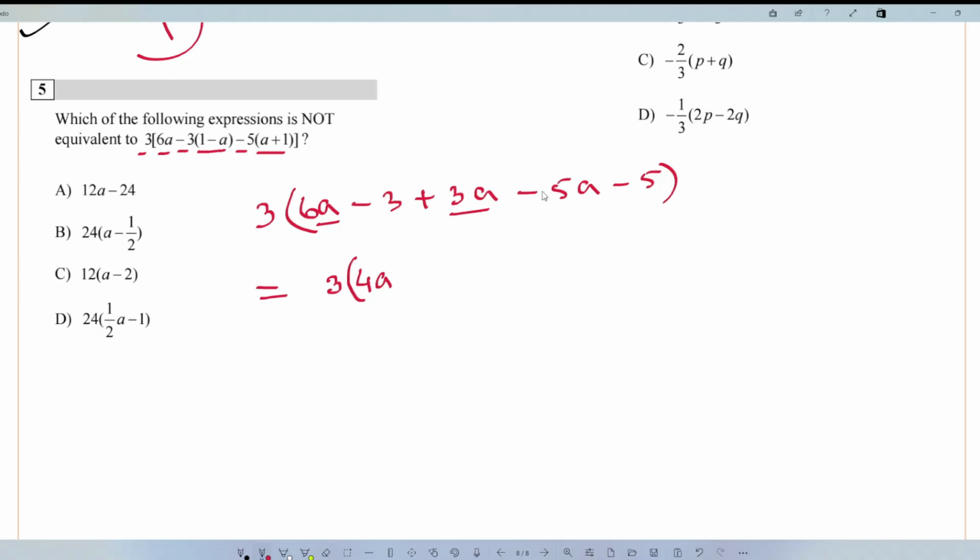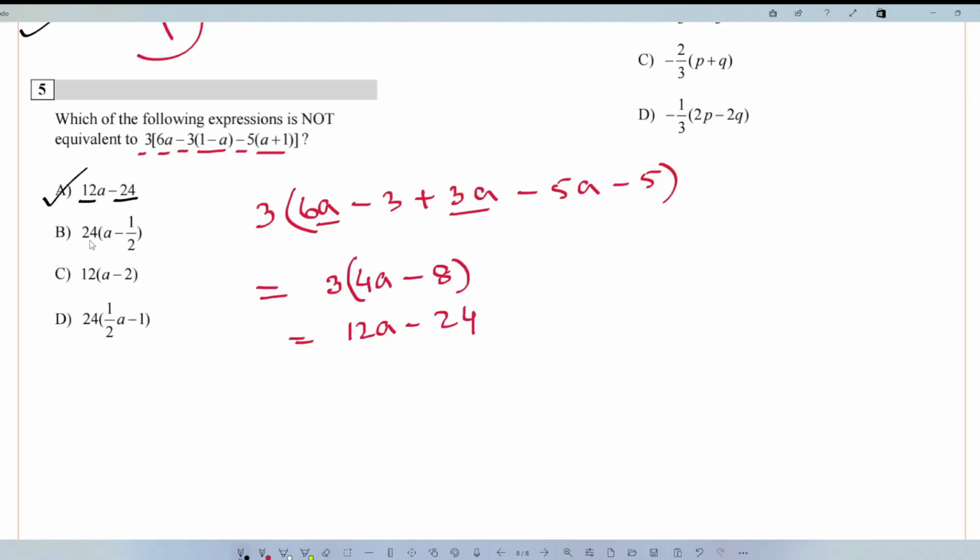Okay, and then minus 5 minus 3, it means minus 8. Finally we get 12a minus 24. Now we can check which one is similar. 12a minus 24, this is similar, so a is okay.